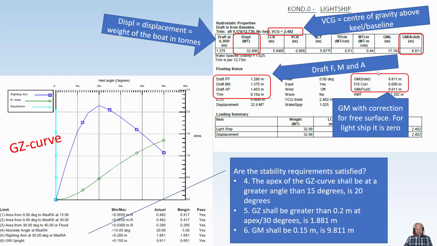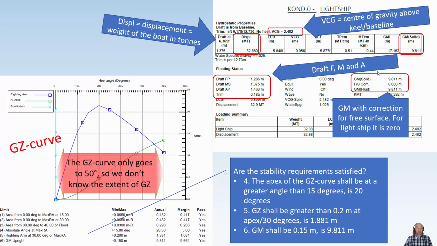It is at 20 degrees. Number 5, GZ should be greater than 0.2 meters at the apex or 30 degrees. It is 1.881 meters, and the GM should be more than 15 centimeters. It is almost 10 meters. So yes, all the stability requirements that we can relate to are most certainly fulfilled.